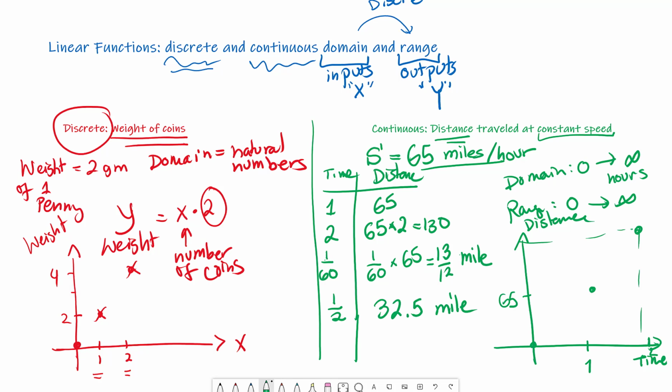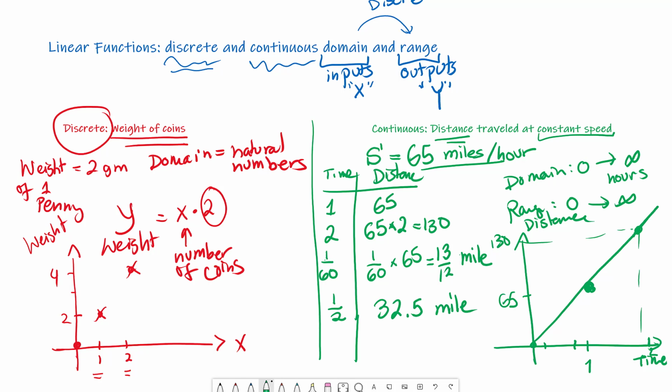So we travel 130 miles, but we can also travel that much time or that much time. And so we really have, let's draw this a little more accurately, a continuous function here in that our domain is continuous as well as our range.